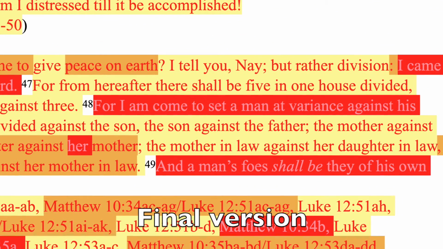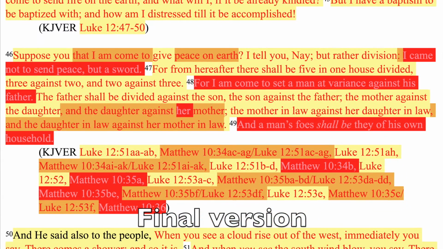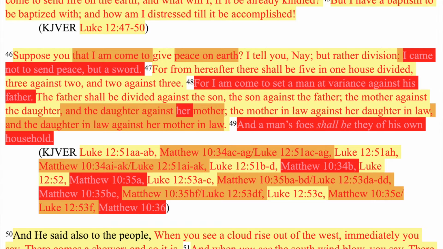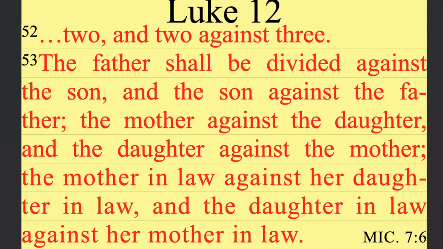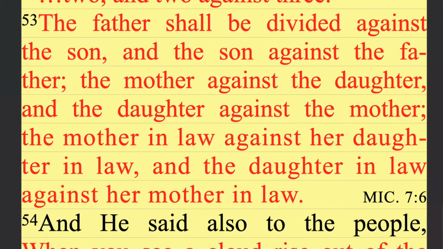For I am come to set the son at variance against his father. Then just have the father shall be divided against the son. The mother against the daughter against her mother. But it would be switching the order. It would put the father against the son last, whereas mother against the daughter comes first, and mother-in-law against her daughter-in-law comes first, in comparison to the daughters against the mother.